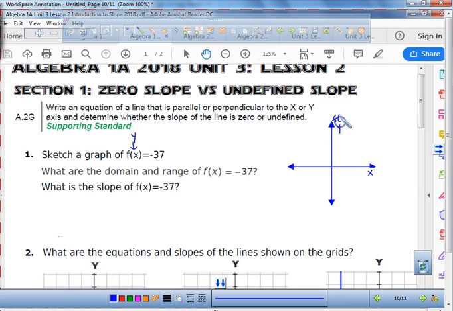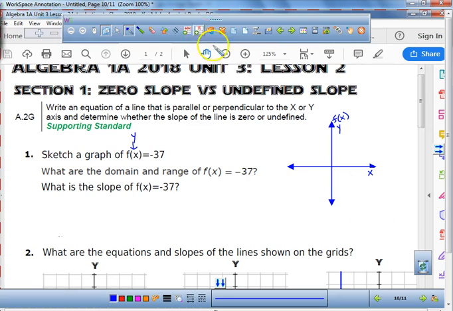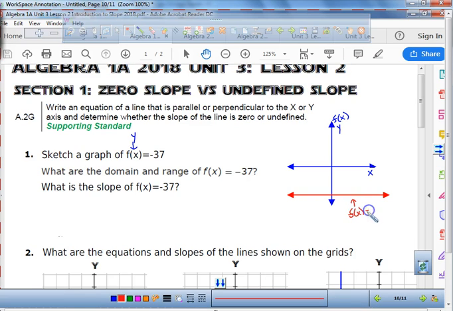Now, I'm going to make a line like this, perfectly flat, and I'm calling this f of x equals negative 37. It's way down here. What's that y-intercept at? It's at 0, negative 37. So go ahead and make that sketch real quick.